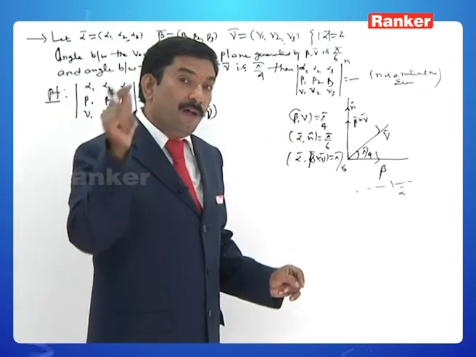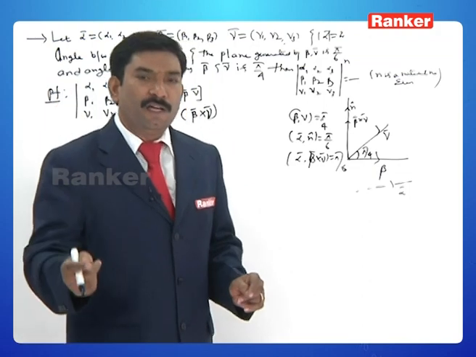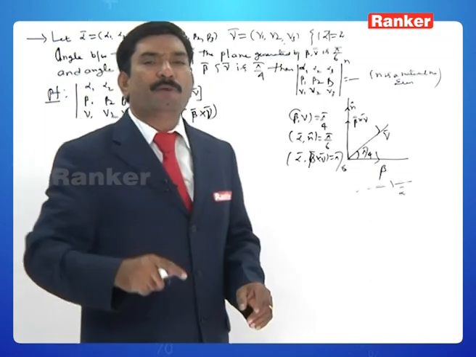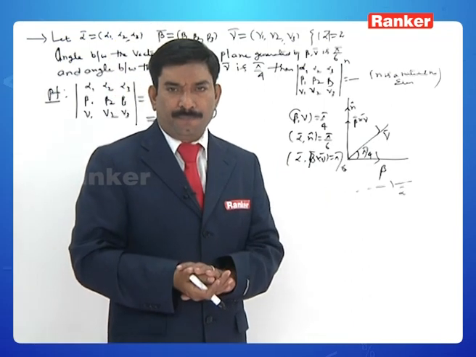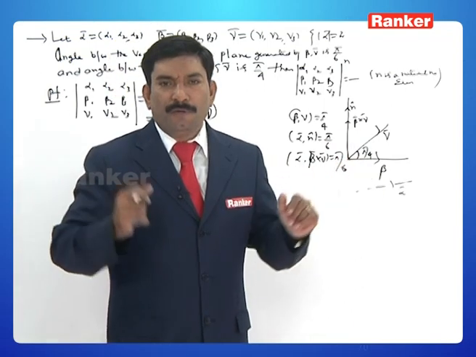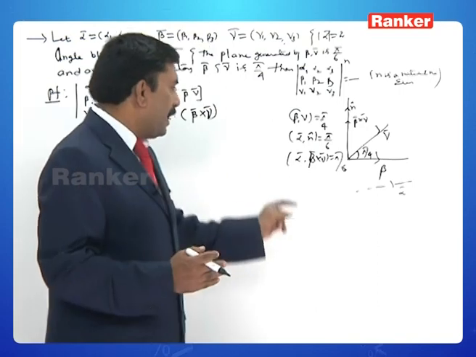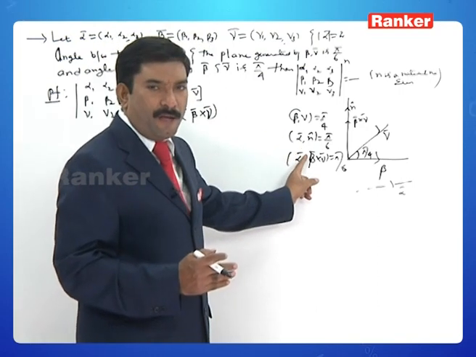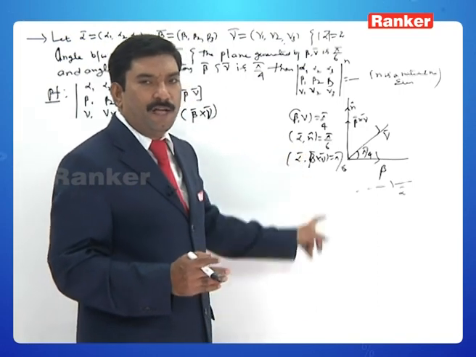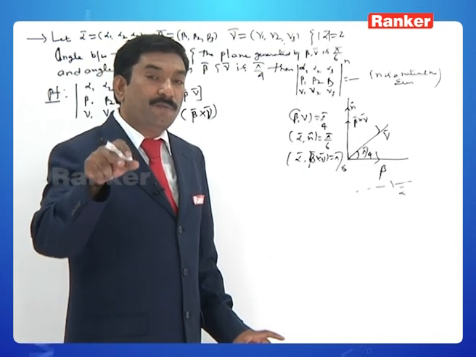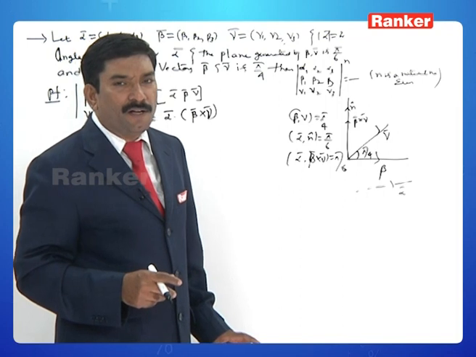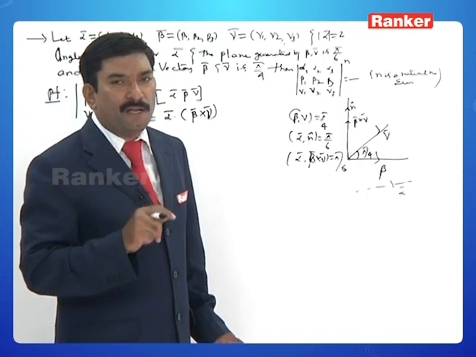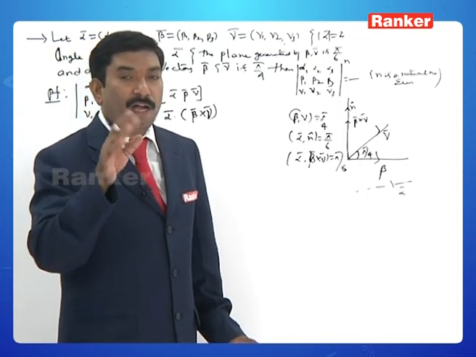Therefore, the angle between a plane and a vector is the complement of the angle between the two vectors, or the complement of the angle between the two straight lines. So the angle between alpha bar and n cap is the angle between the plane and a vector, means cos of 90 minus theta is the angle between a line and a plane.